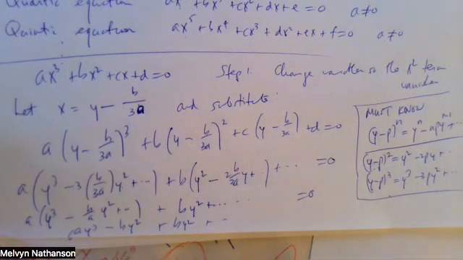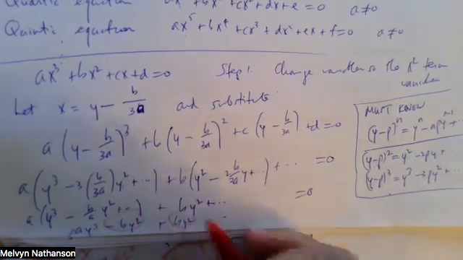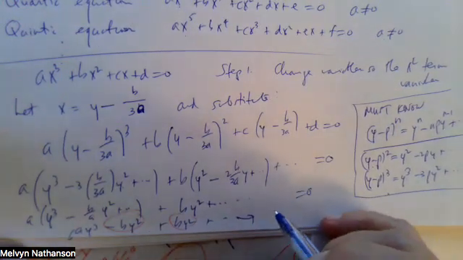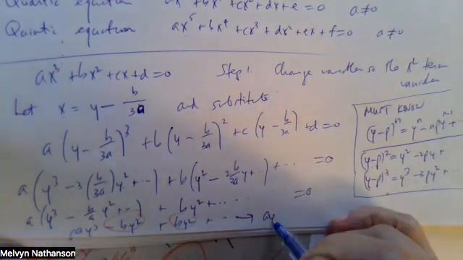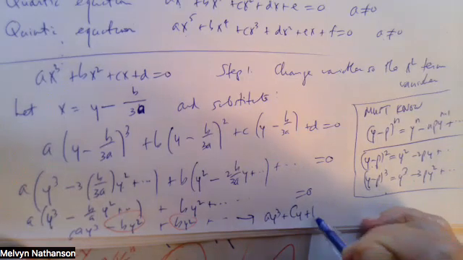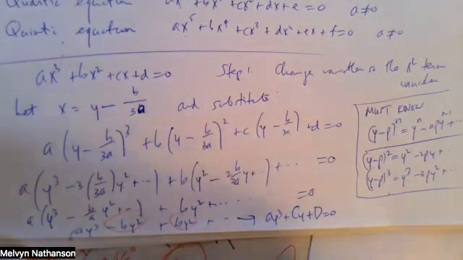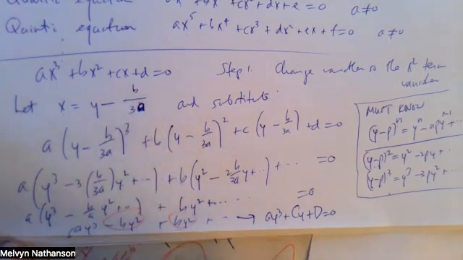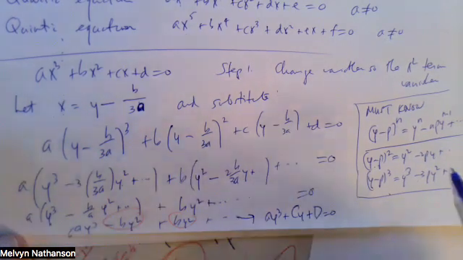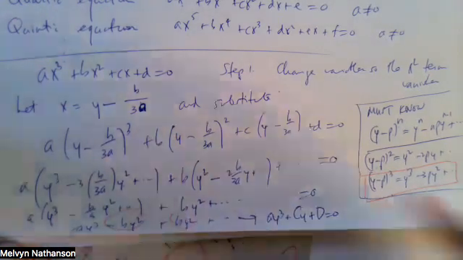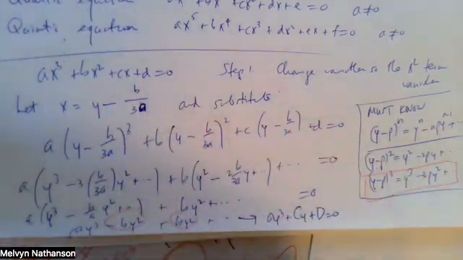And if you look at this, you see minus b y squared plus b y squared cancel. So I end up with an equation where there's no y squared. It's a y cubed plus something, call it c y plus d equals 0. There's no more y squared. So I choose this substitution because it's going to eliminate the y squared term, or the quadratic term. And I know that because I remember this formula from high school algebra, and I choose my number p to be b over 3a because it works.